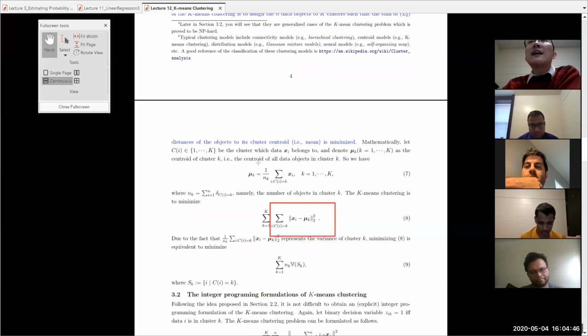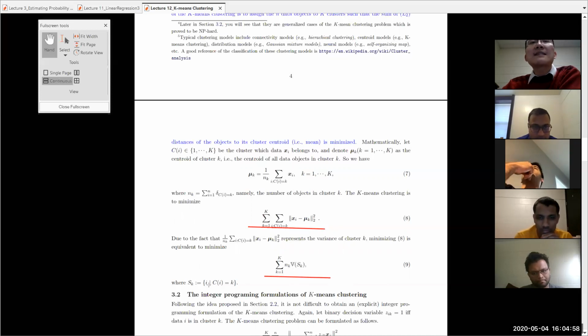Okay, so I can equivalently write this definition as the sum from k equals 1 to capital K of nk times the variance of Sk, where Sk is the set of the data in cluster K. So this is actually to minimize the variance times nk.